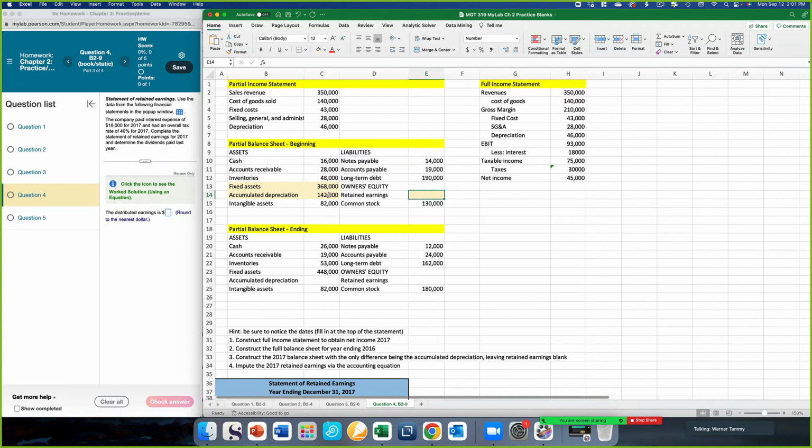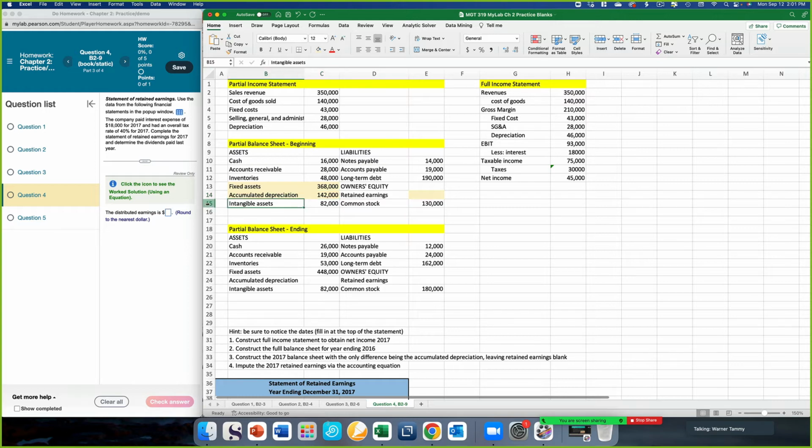The fixed assets and accumulated depreciation aren't finished yet. We still also need to calculate the net fixed assets. So remember, fixed assets are recorded as their original purchase price, and then you subtract out the accumulated depreciation to give you your net fixed assets.